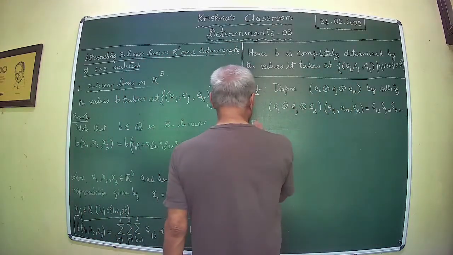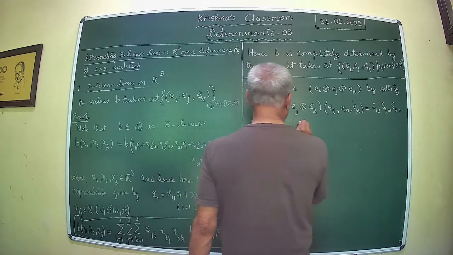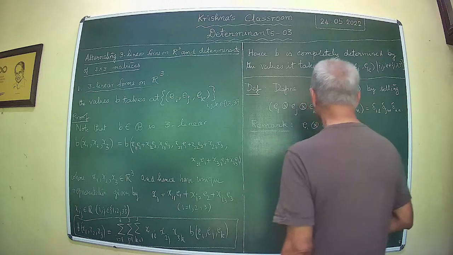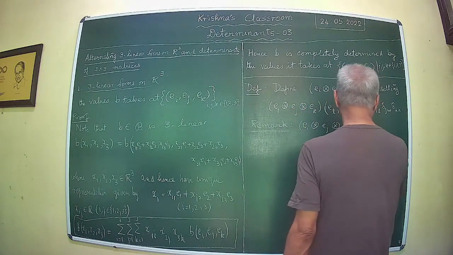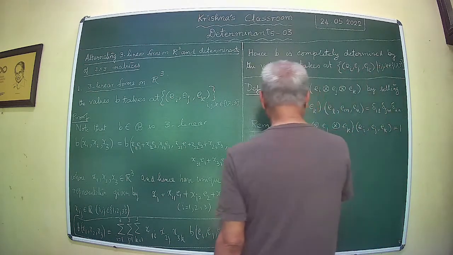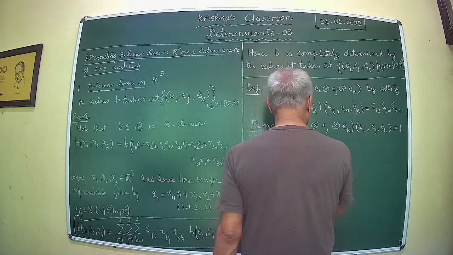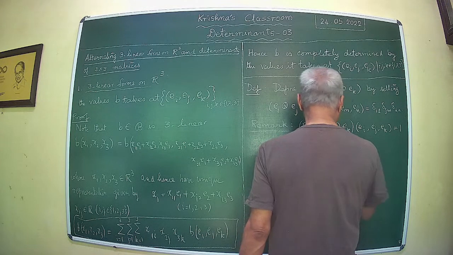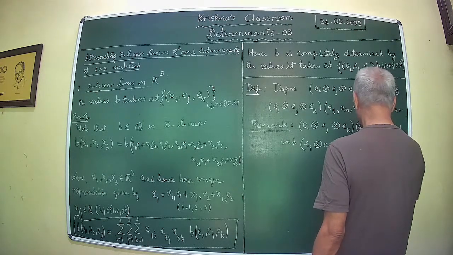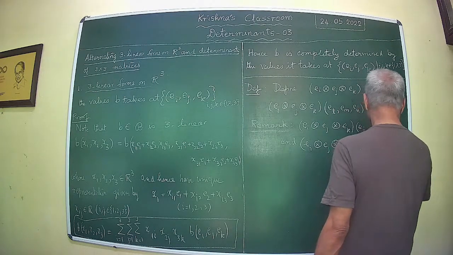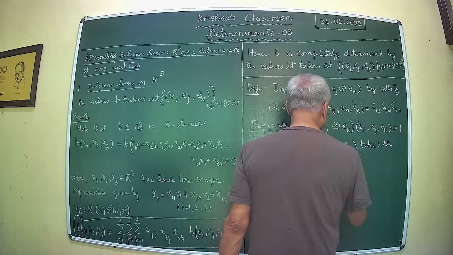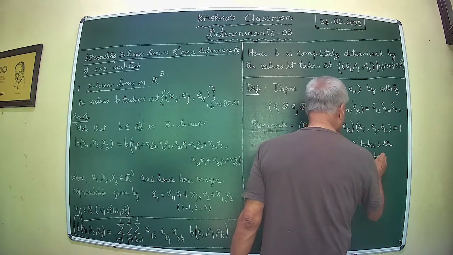So remark: it is equal to 1 at one point and takes the value 0 at all other points.